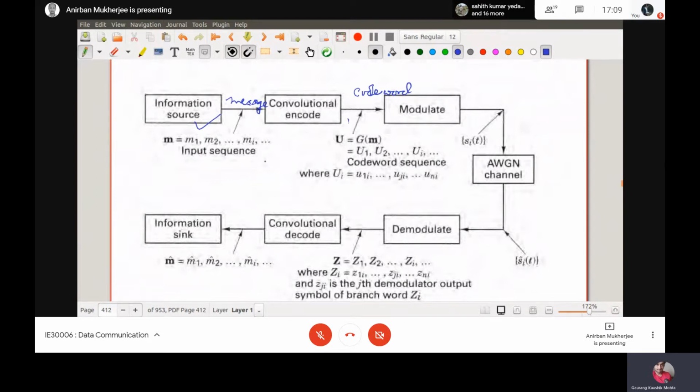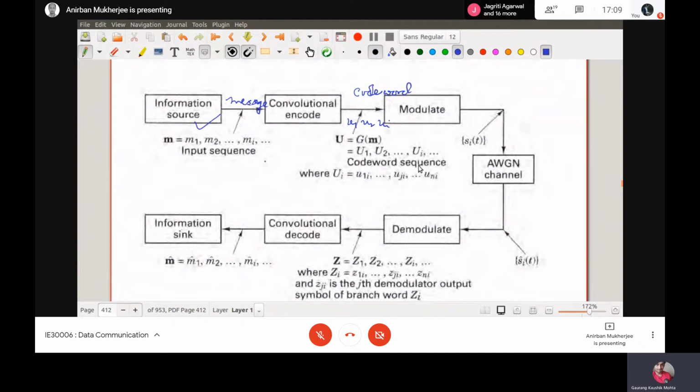That means here it is U1, U2, Ui. And this Ui is basically U1i to Uji, Uni kind of thing. That means each U is dependent on different values of this small m.